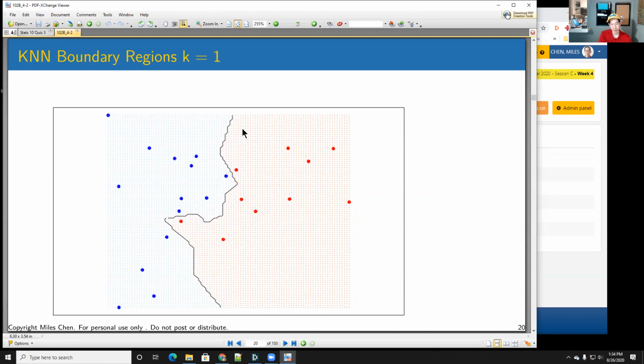So with k equal to 1, 3, 5, 7, this was achieved by doing a whole grid of points and then just asking, how would you classify this dot if I used k equal to 7? These dots would get classified as red, but right over here, these dots would get classified as blue.